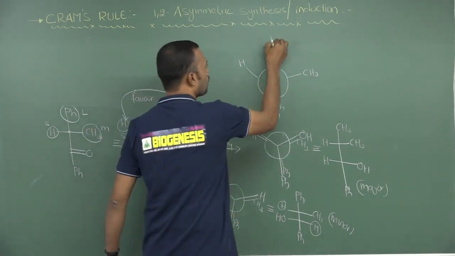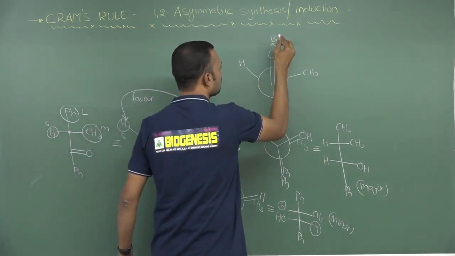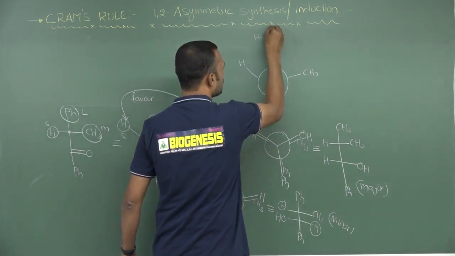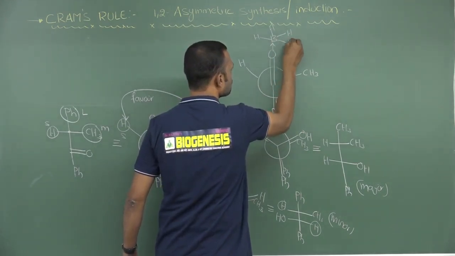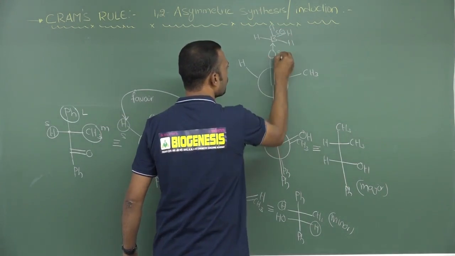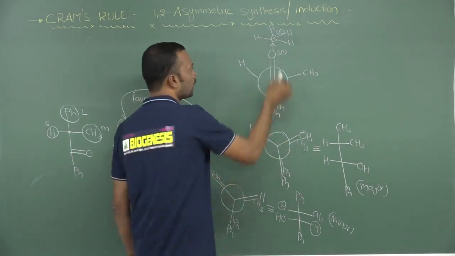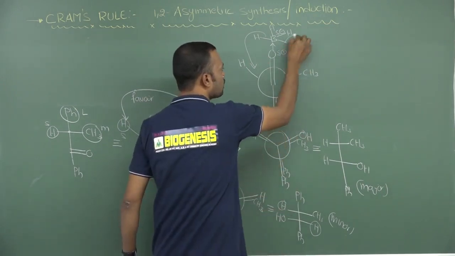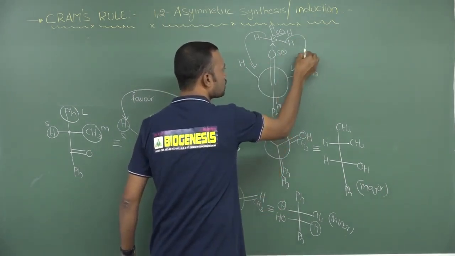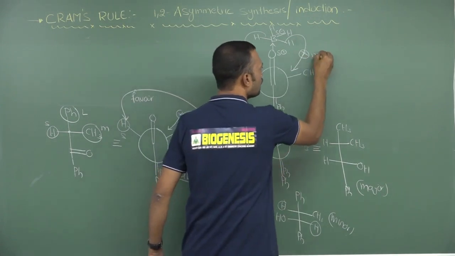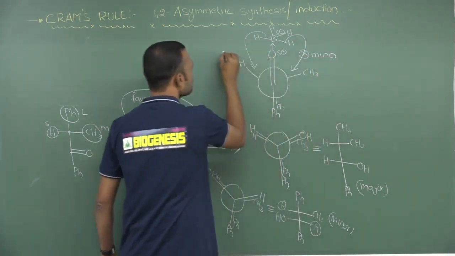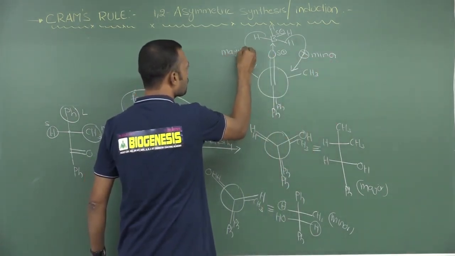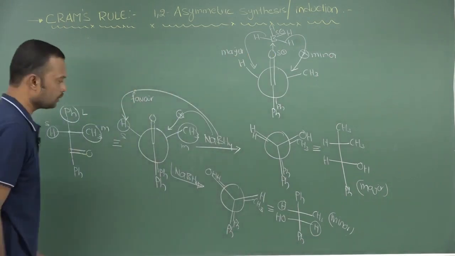So boron is going to be coordinated by this, and here 4 hydrogen atoms are going to be present, NaBH4. It carries a negative charge, it will get some deficiency, and it will attack from two different directions. So coming from the small group, now it is coming from the medium group. So this direction is not preferred. Why? Because it is giving a minor population, and this is giving a complete major population in the reaction. Okay.